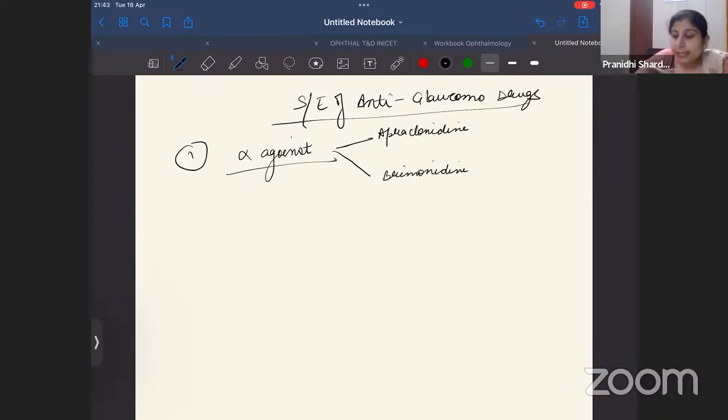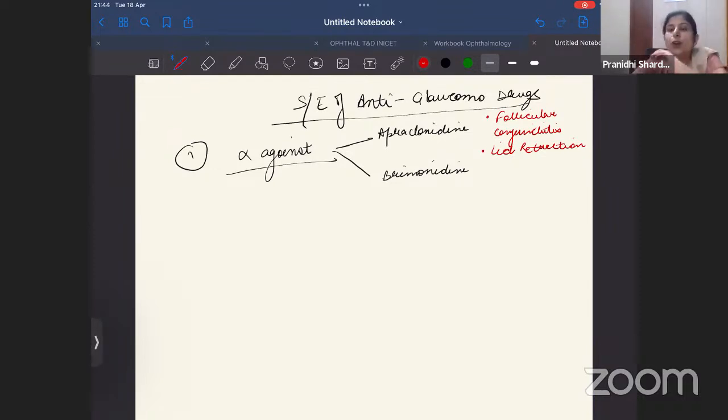In apraclonidine, you have to remember two things: conjunctivitis. Which type of conjunctivitis? Follicular conjunctivitis and lid retraction. For apraclonidine, follicular conjunctivitis and lid retraction.